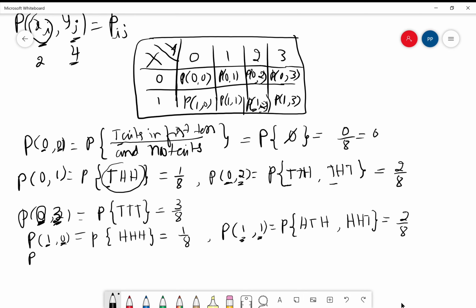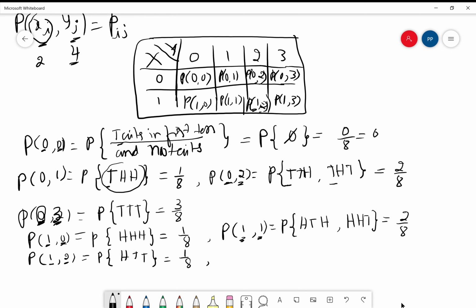Next, probability of 1 comma 2 equals the probability of heads in the first toss and total number of tails equals 2. So only one such outcome you are getting, HTT. So you are getting 1 by 8.